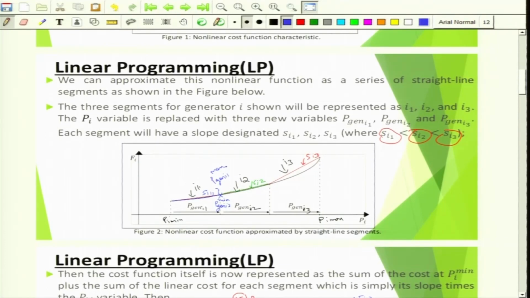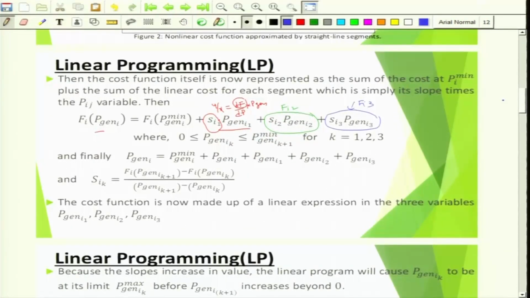So the generation of the first segment of the ith generator lies between 0, this is the starting point, and P gen I2 minimum or P gen I1 maximum.